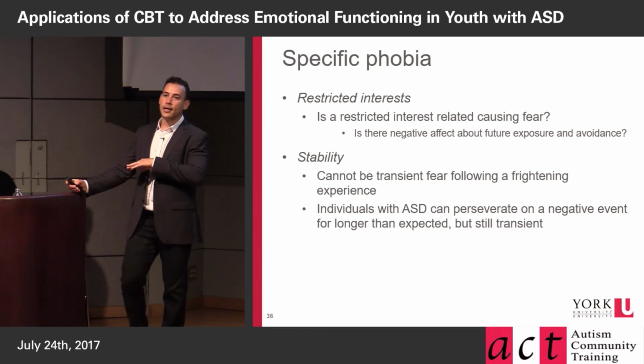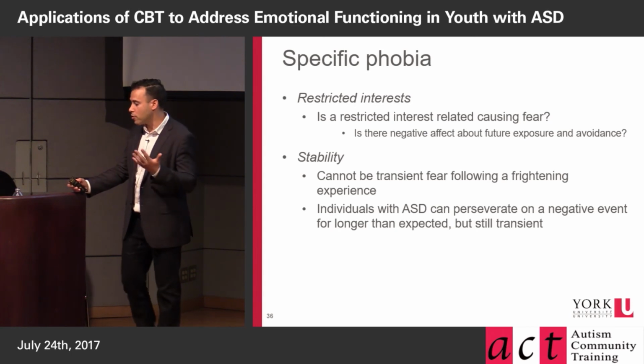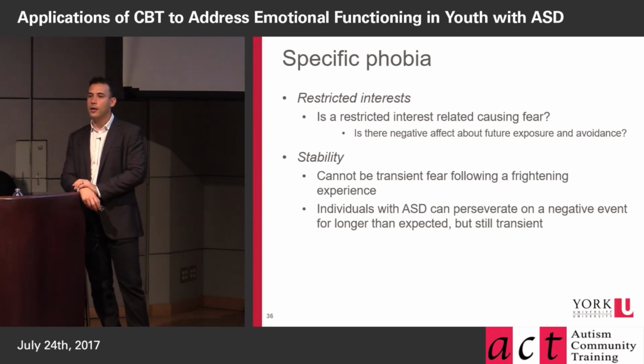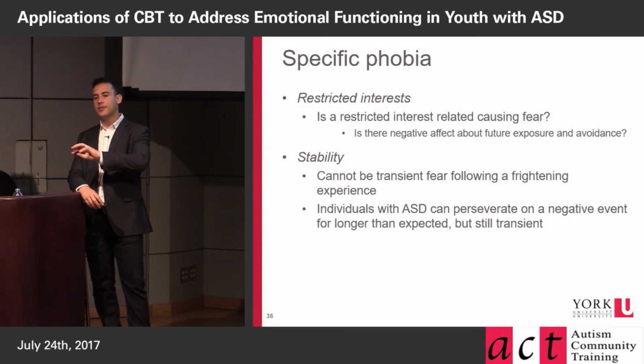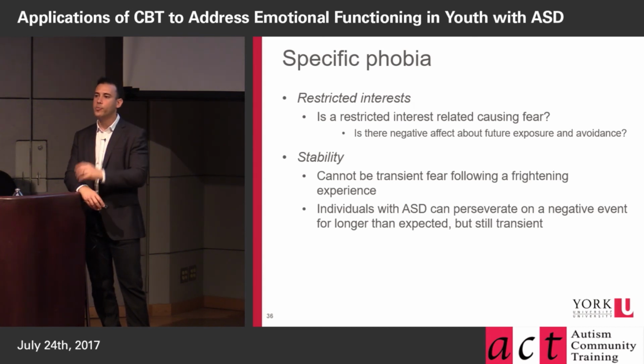It might take longer than normal, even what might be typical around exposure, because every time you change, you might get an extreme response or a highly rigid response. But there are enough case studies and trials to show that we can effectively target phobias in people with autism.